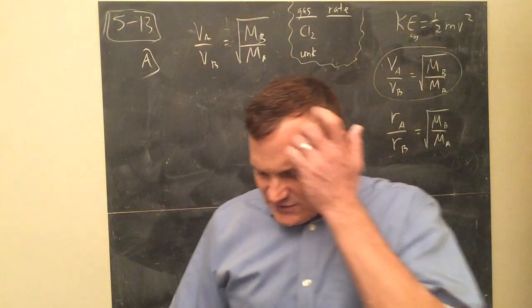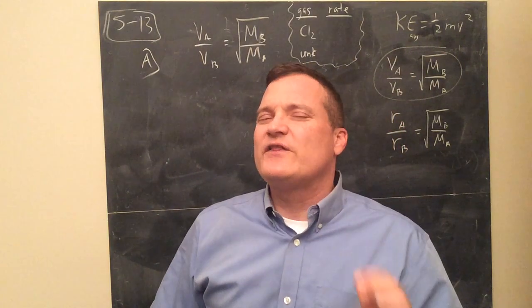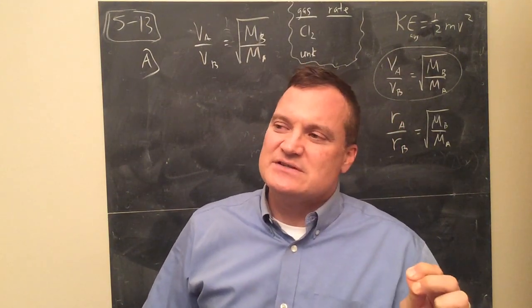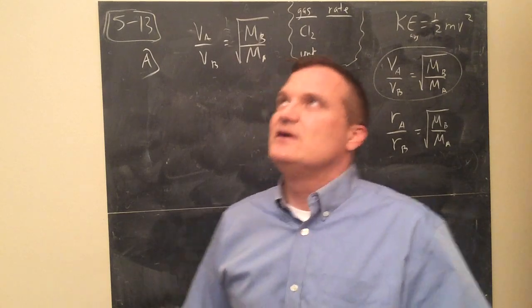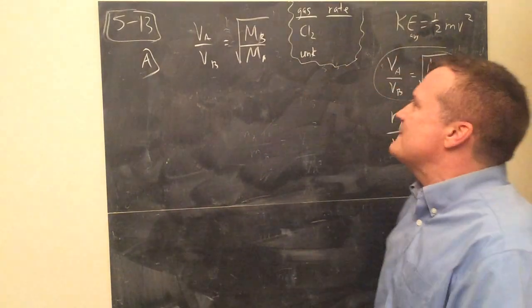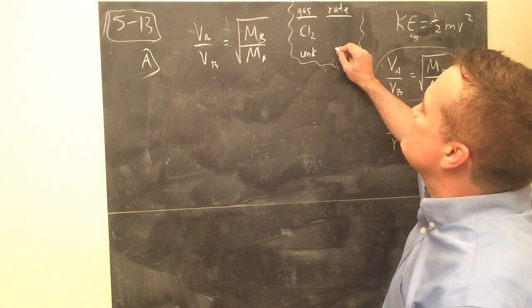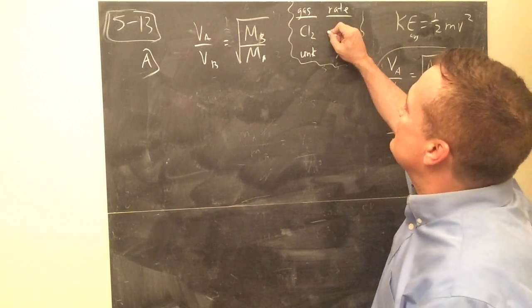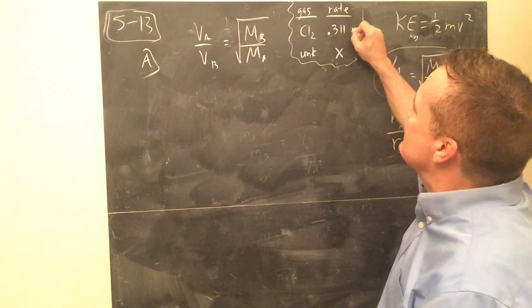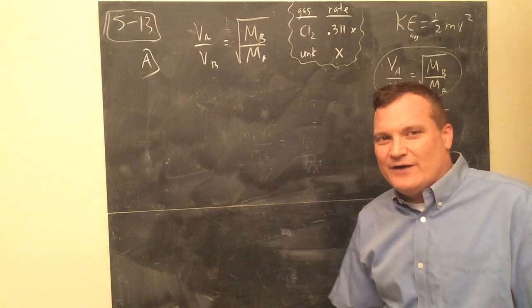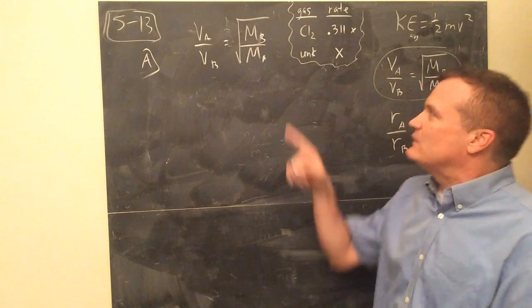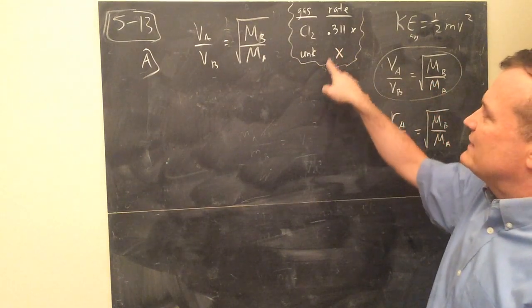It says chlorine effuses 0.311 times as fast as the unknown. So we'll let the unknown be moving at speed x. That means chlorine will be moving at 0.311x.